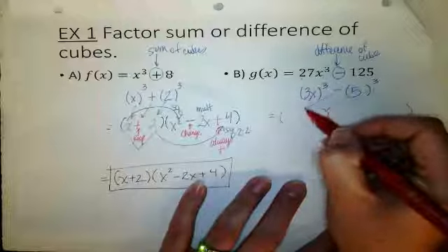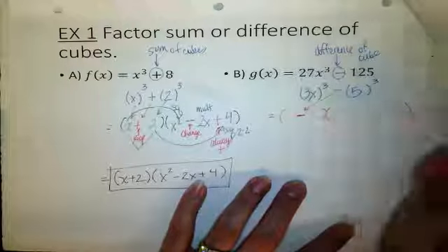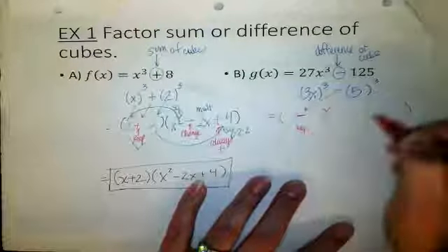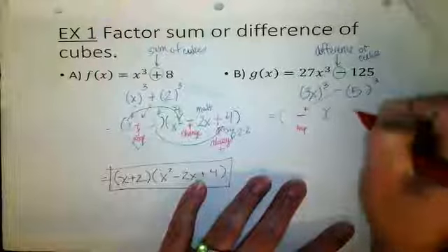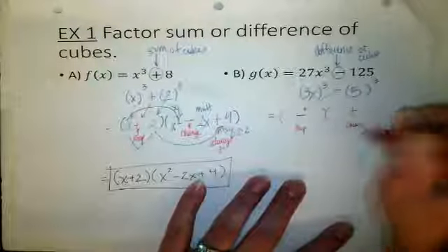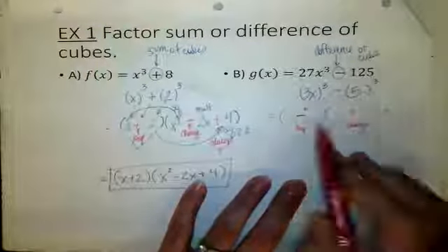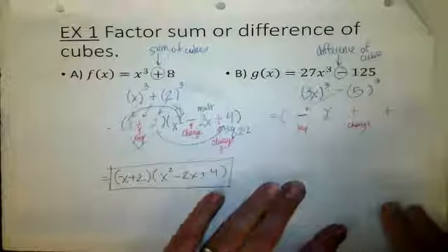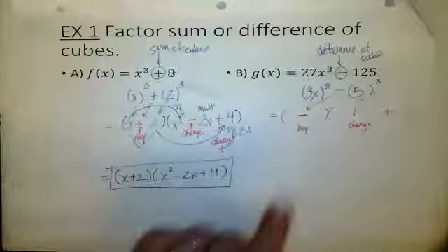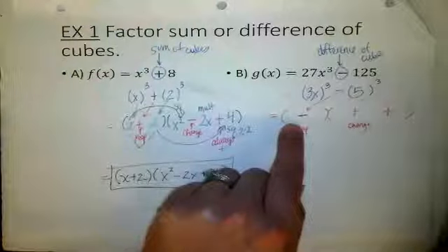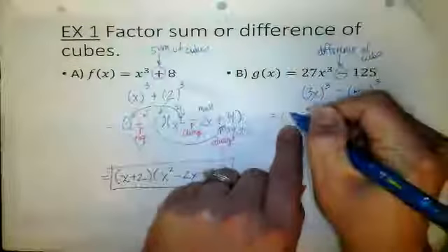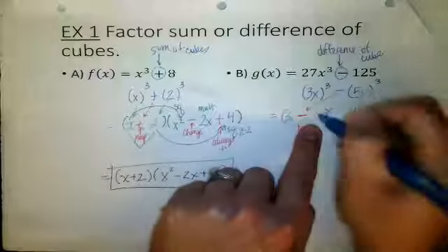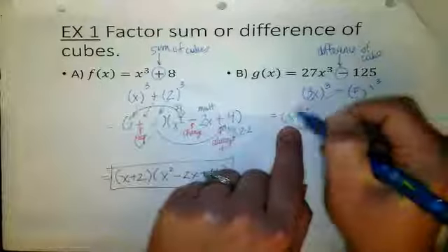I'm keeping that different sign. Keep the sign. Change the sign. What does it change to? Positive. Change the sign, and then always positive. So the signs go minus, plus, plus. And what goes in the small bubble? 3x and 5. Yeah, just plug in the bases.